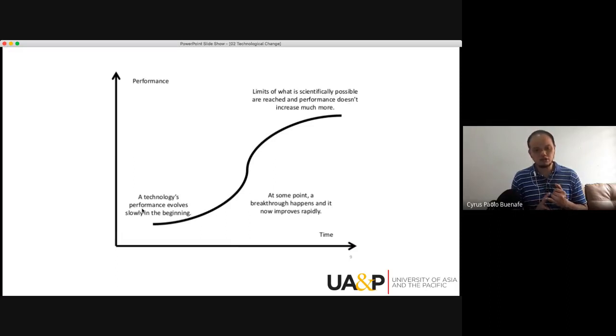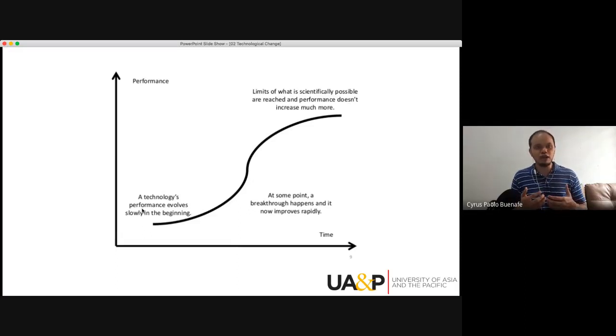Okay, at the start. Another factor is because at the beginning you're also learning about the technology. So there's this lag, so to speak, from a user standpoint, or from someone who tries to manipulate the technology. That lag is about learning. We'll talk more about learning later on. When somebody tries to make use of that technology, it will probably be basic, so improvements in the technology won't happen immediately.